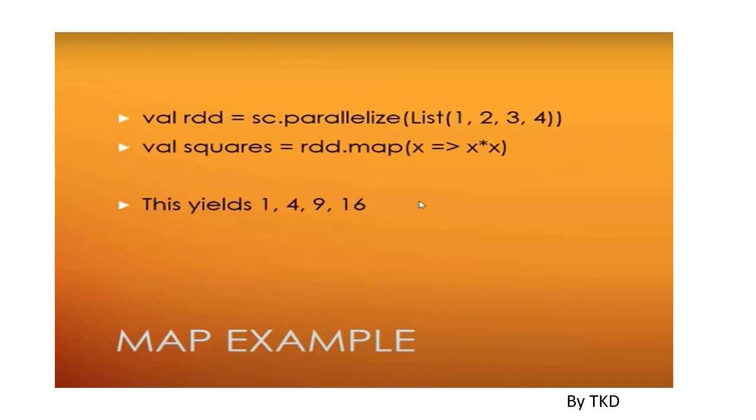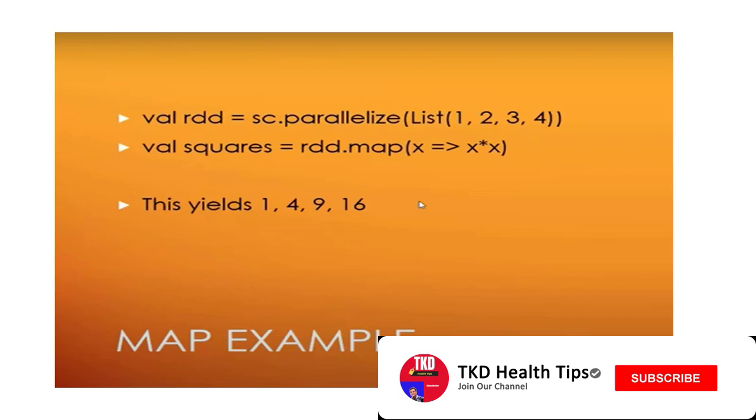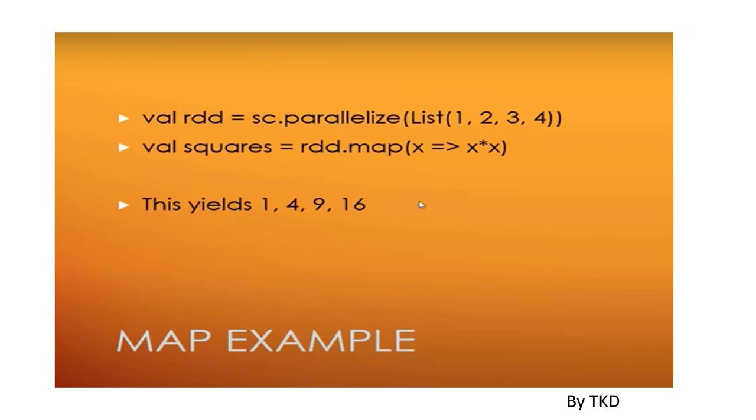The important concept to grasp here is that the function passed to map gets applied to every individual row in your RDD and creates a new RDD named squares as the result. We are seeing a couple of different functional programming paradigms.